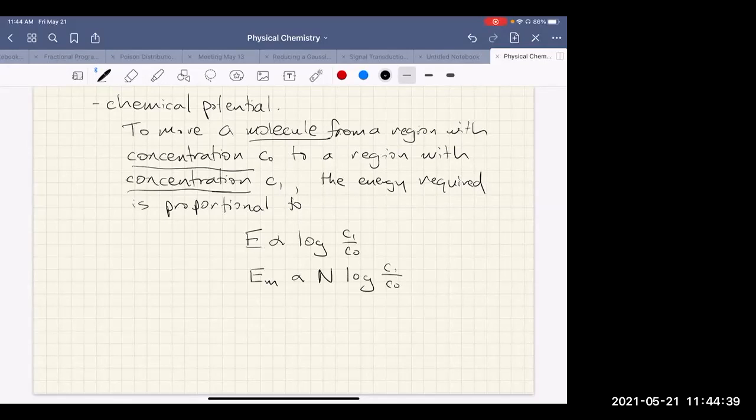Note that if you're moving from low to high concentration, this is positive, so the energy expenditure is positive. If you go back from high concentration to low concentration, evening things out, the entropy of the universe goes up and you actually get energy back. You can show that carefully constructing a transmitter this way does require thermodynamic energy.